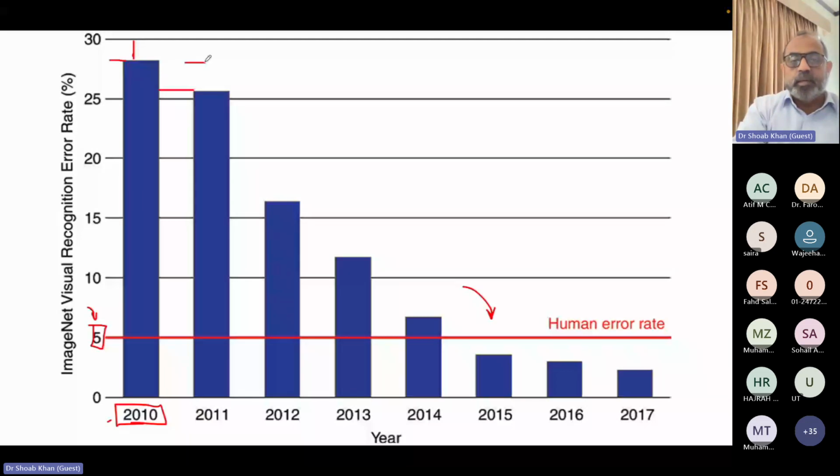But then came a very transformational improvement, developed in 2012. This was a very, very significant improvement that brought the convolutional neural network into the limelight.